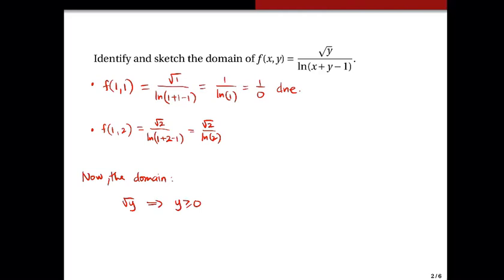Okay? And then we have ln of x plus y minus 1. This implies that x plus y minus 1 should be greater than 0.